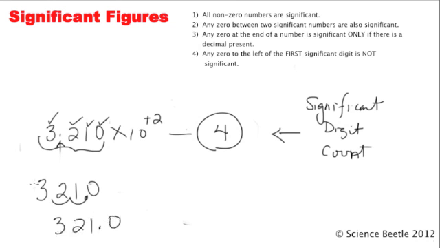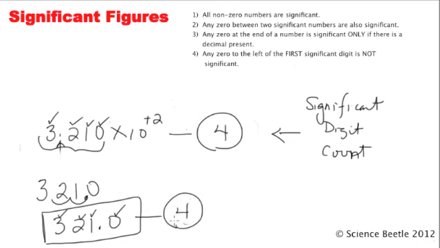If we wrote it in this manner, and I'm going to put it in a box here, we know that the 3 is significant, the 2 is significant, the 1 is significant, but because the decimal point is now present, we can look at rule number 3 and say that the 0 at the very end is also significant because there's a decimal present. So the count here becomes a 4. And so there's really no difference at this point.